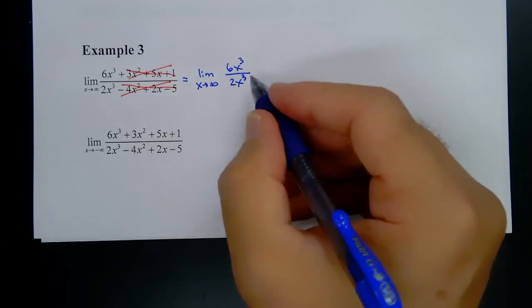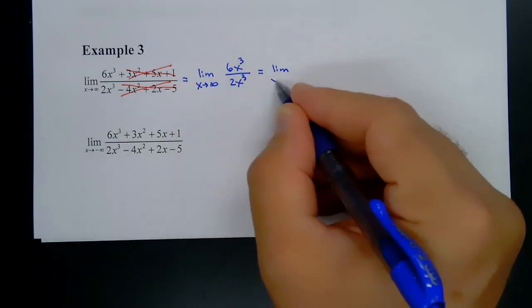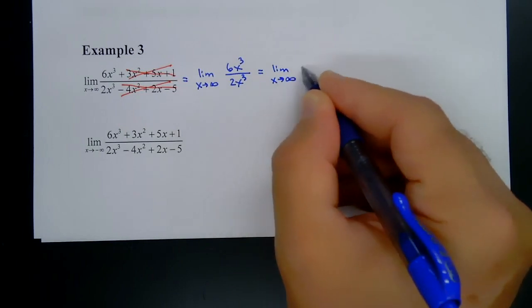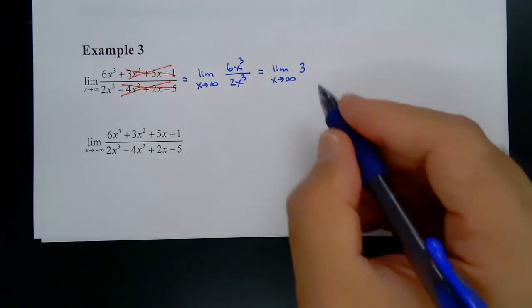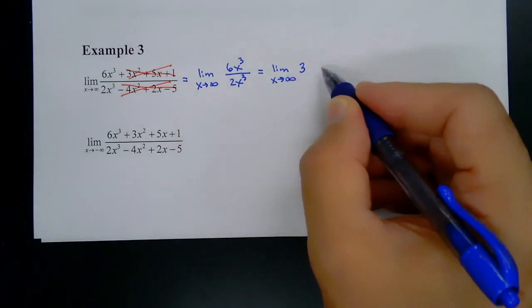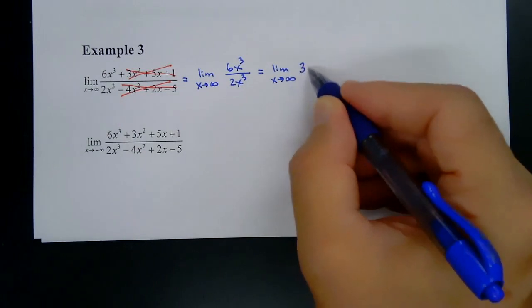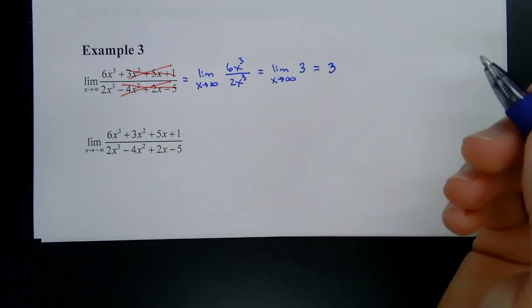The x cubes are going to cancel and we're left with 6 over 2. And that would be the limit as x approaches infinity of the number 3, right? Because they're going to cancel. And what happens as x approaches infinity of 3? Well, it just stays. This is just saying it's going to stay 3. Y is going to stay 3. So this is equal to the number 3.